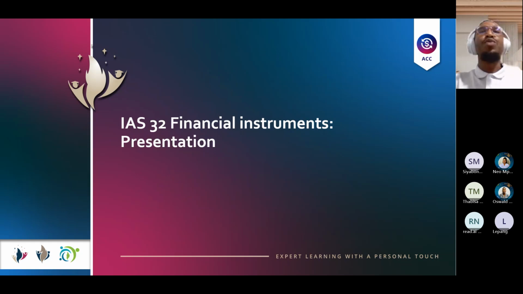IAS 32, IFRS 9, and IFRS 7 are standards found in the entire complement of IFRS standards. But for purposes of your course, you are not expected to cover the entire complement of the financial instrument standards. The only parts you're expected to cover and understand are what we're going to cover in today's session.